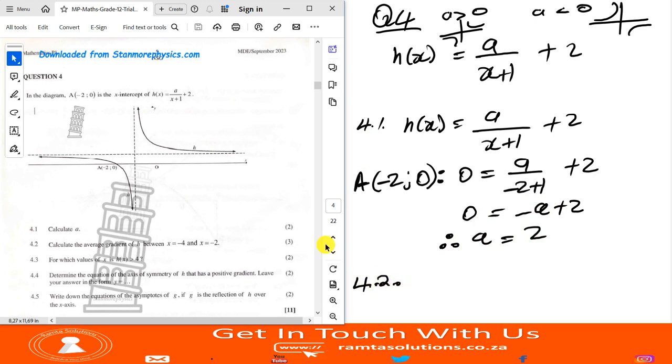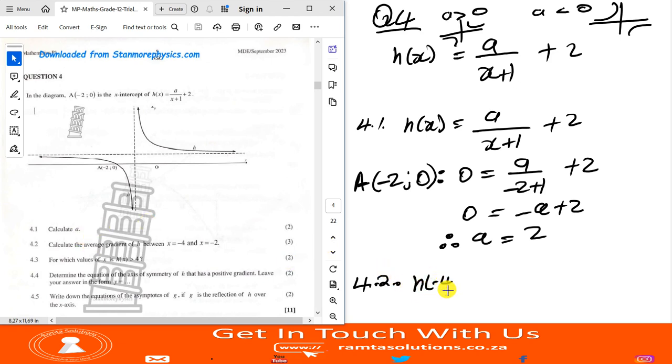4.2 says, calculate the average gradient of h between x equals minus 4 and x equals minus 2. Remember, whenever we talk gradient, we're talking vertical distance over horizontal distance. So for vertical distance, we need h of negative 4.